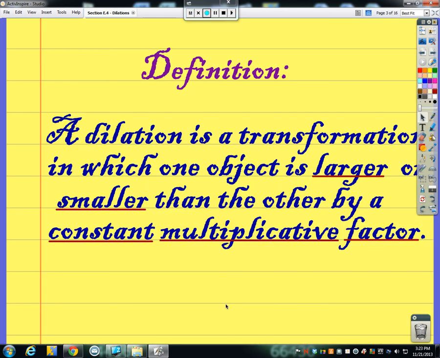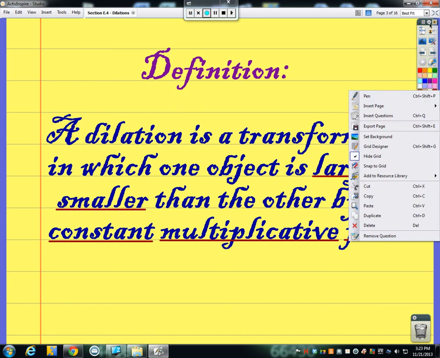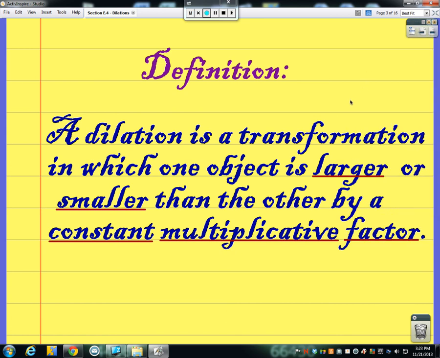And so the definition, so this is the first part on your notes, the definition of a dilation, specifically, is a transformation in which one object is larger or smaller than the other by a constant multiplicative factor.